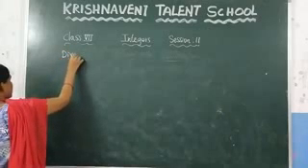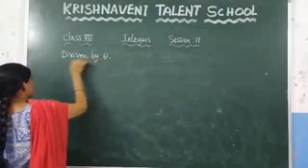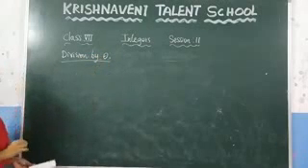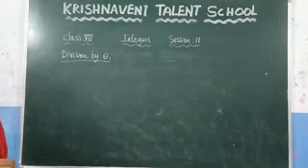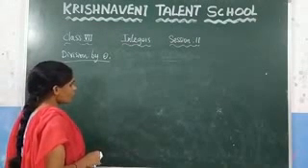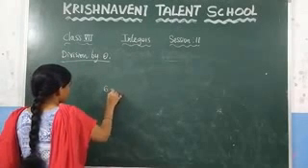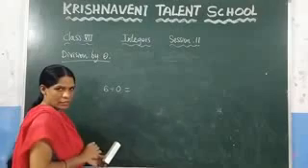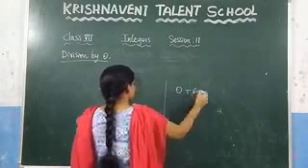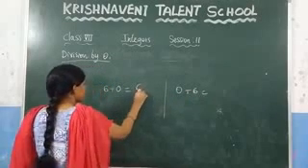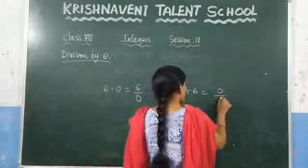Here consider two examples. 6 divided by 0. What is the value of 6 divided by 0? And what is the value of 0 divided by 6? This one you can write as 6 by 0, and this one you can write as 0 by 6.